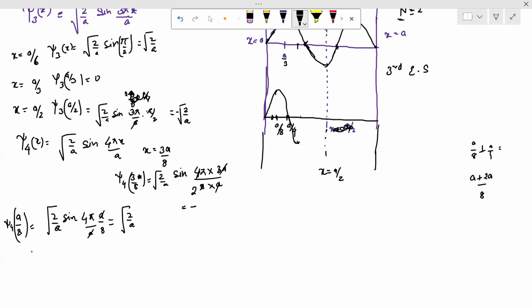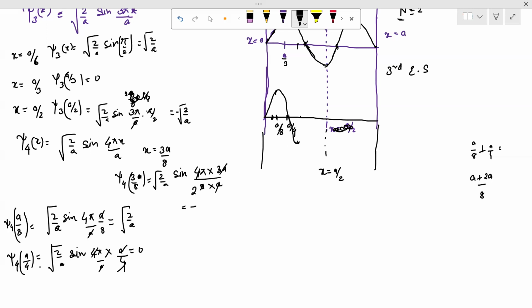Simple. Now at a upon 4, what will it give me? It will give me root over 2 upon a sine of 4 pi into a upon 4. This will give you simply sine pi, which is certainly 0.